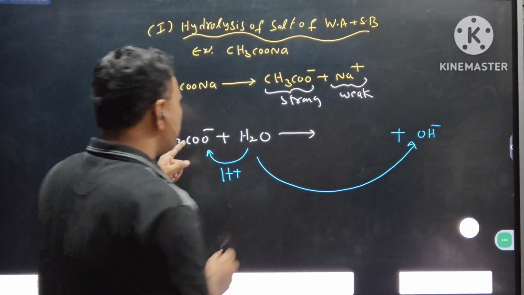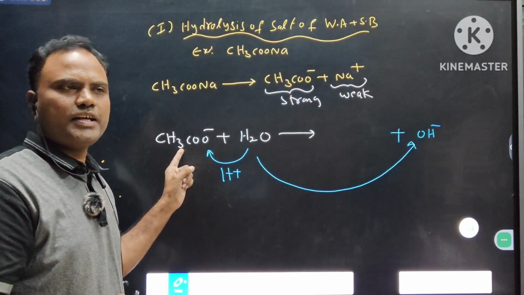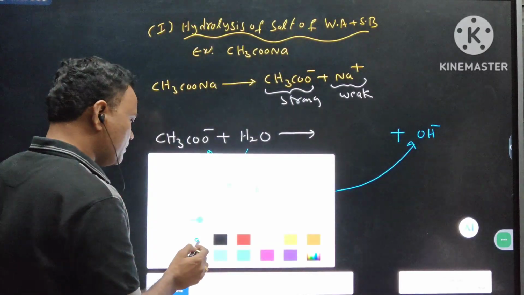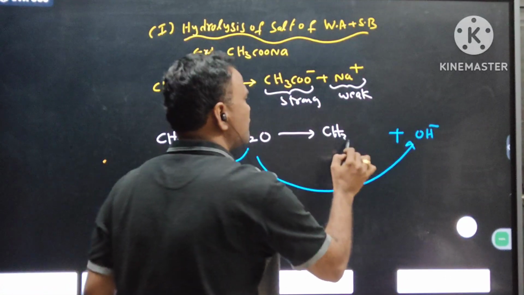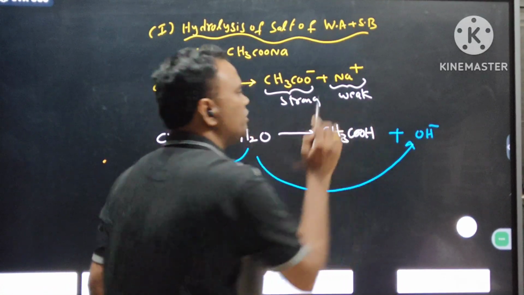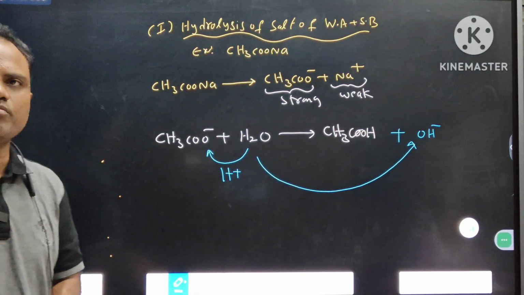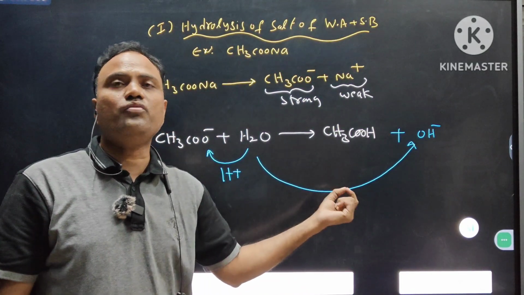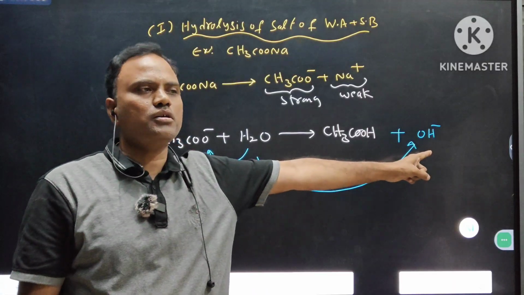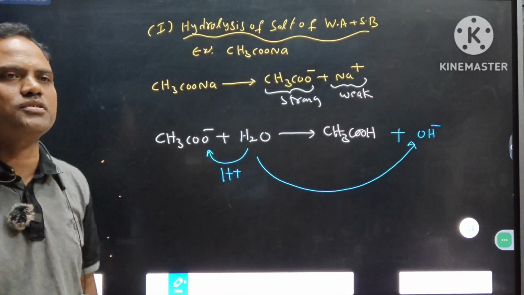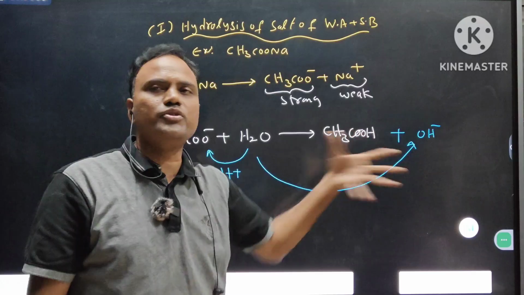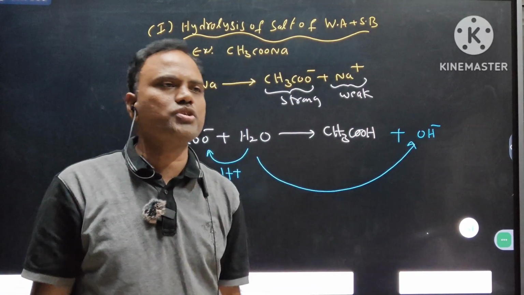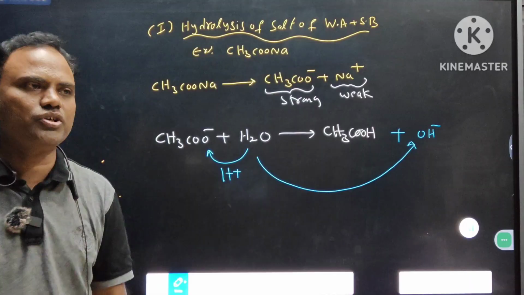That H plus attaches to the acetate ion because it is negative, so H plus will attach to form acetic acid, CH3COOH. Now tell me, free OH minus ions are present or not? Due to the liberation of free OH minus ions, the resulting solution is basic in nature.